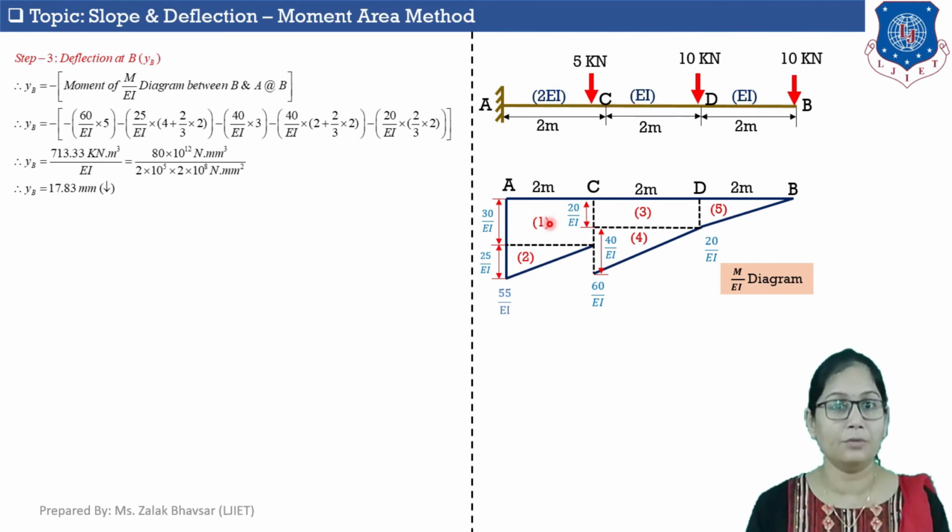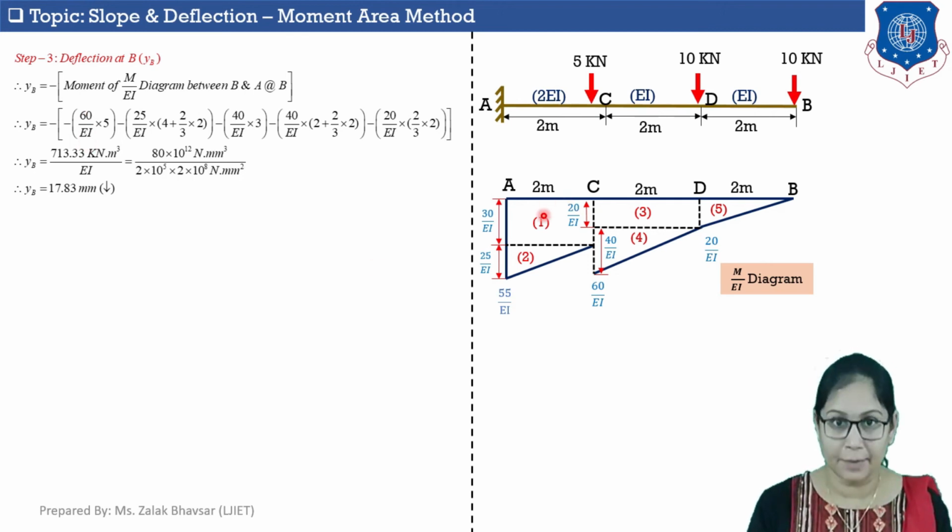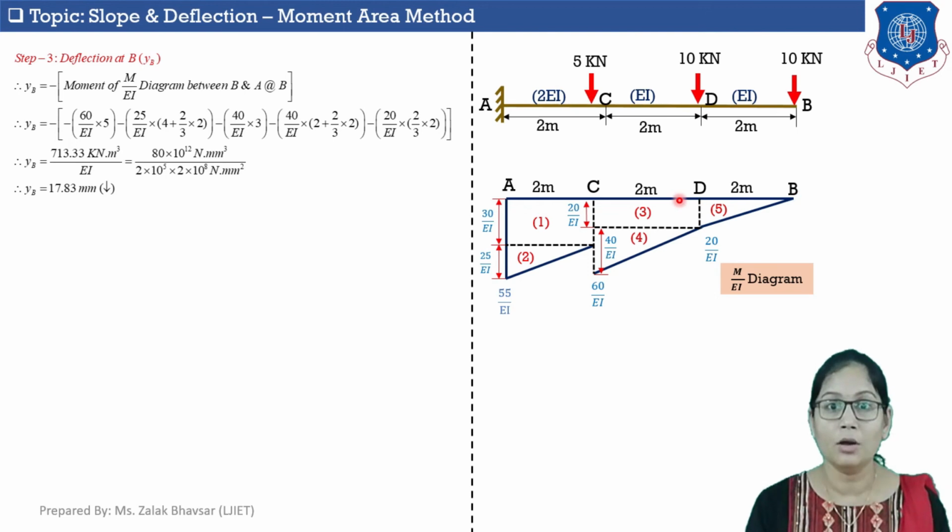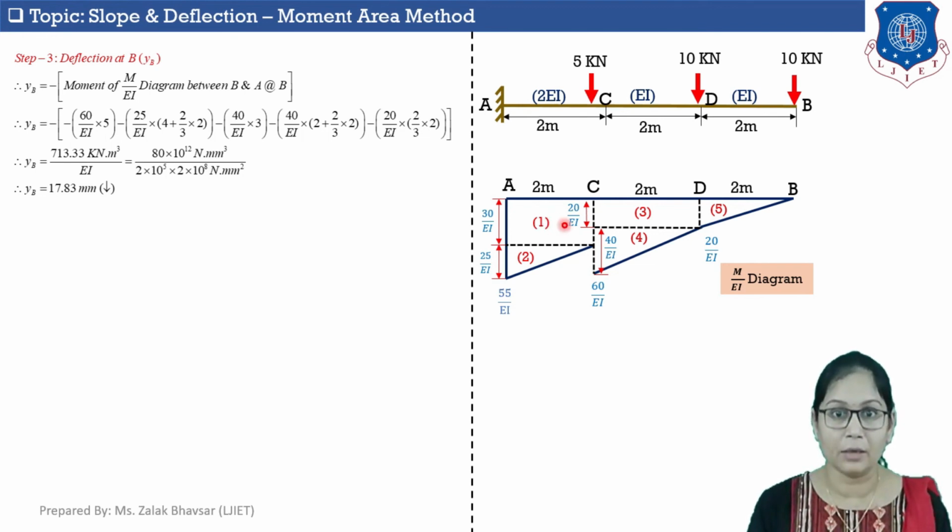Area of shape number 1 we already calculated in step number 2, it is 60 upon EI. Now the moment of this shape number 1 about point B is nothing but area of shape number 1 into distance of CG of shape number 1 from point B. So the distance of CG of this shape number 1 from point B is equal to 4 meter, which is the distance between points C and B. And the distance of CG of shape number 1 from point C is 2 by 2, which is 1.